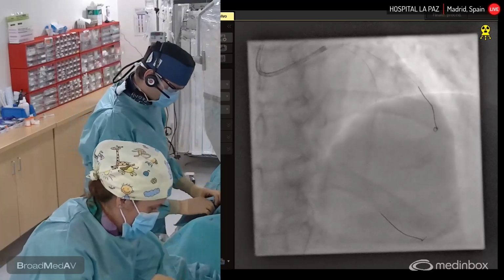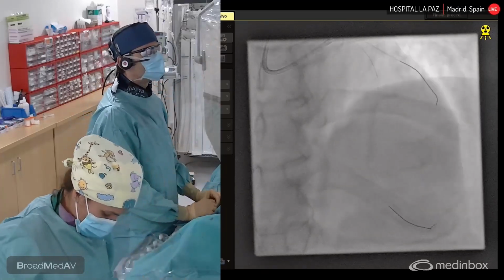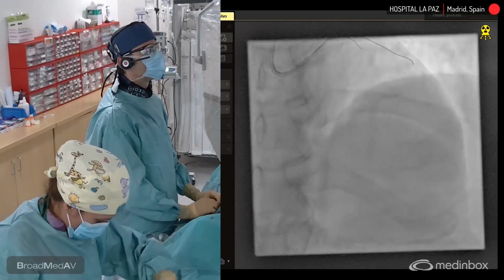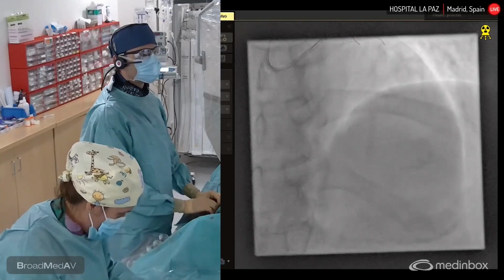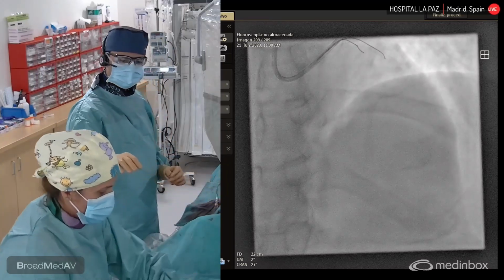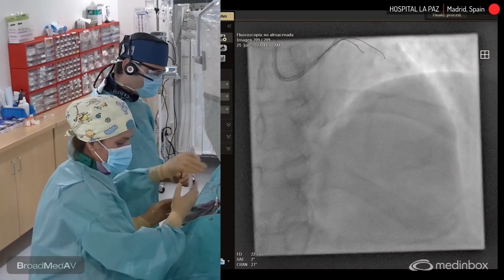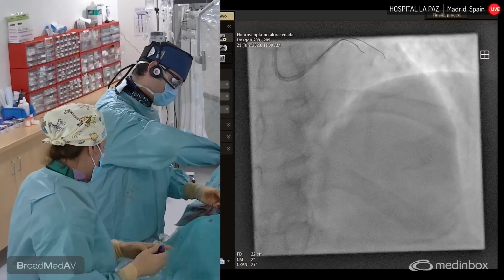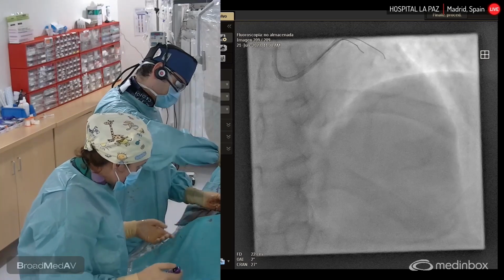Okay. I think we can retrieve this wire, this one here. Give me more nitro, please. A little. More nitroglycerin. If we have to do another one, probably it's better to administer more. Blood pressure is quite good.